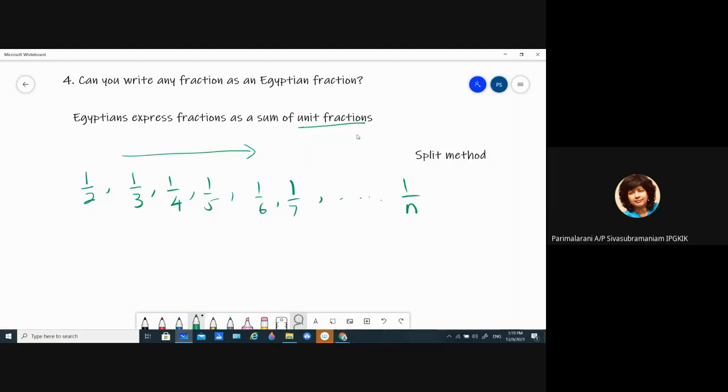So if you had a fraction, say let's start with 1/2, okay? Because 1/3 is less than 1/2, we can say that 1/2 is equivalent to 1/3 plus another fraction, correct?